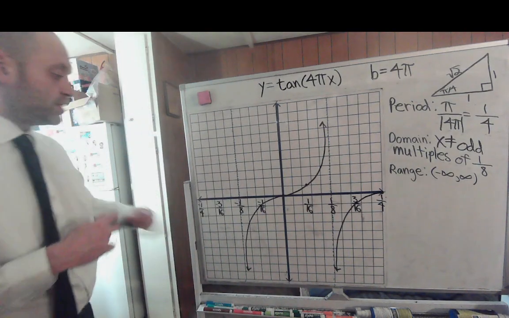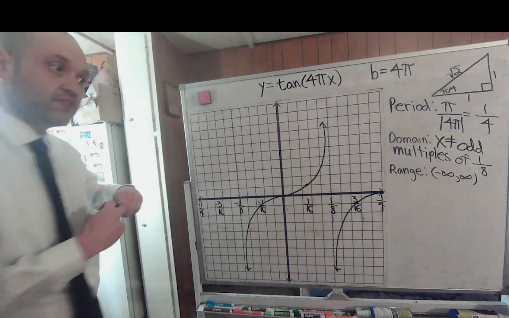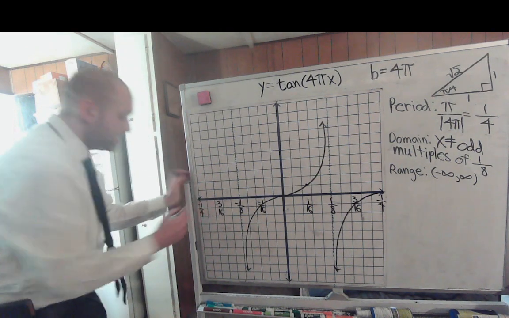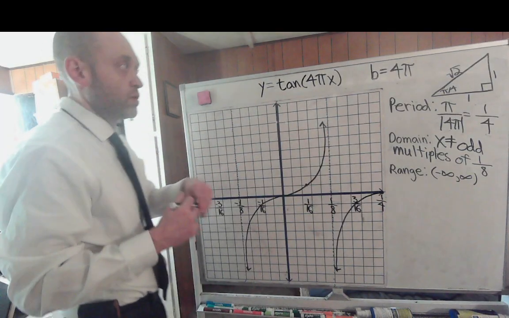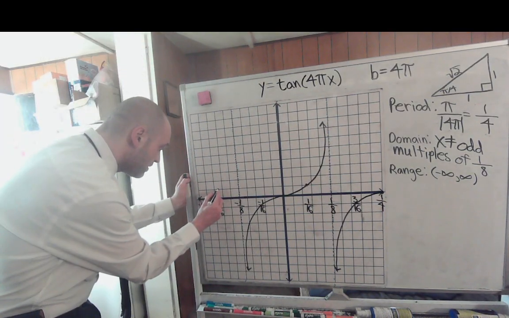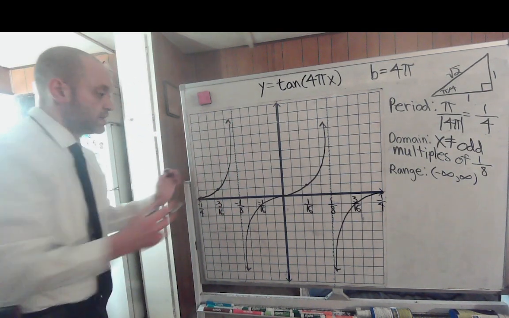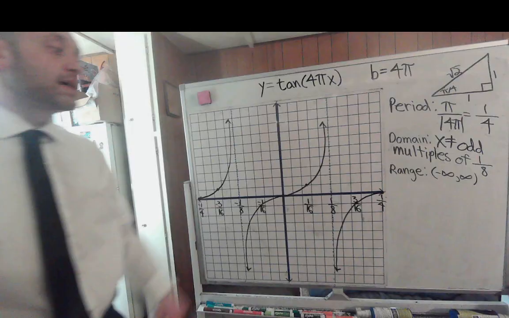And then if I put in negative 1/4, that would give me the tangent of negative pi, also 0. If I put in negative 3/16, that would give me the tangent of negative 3 pi over 4, which is 1. So then my graph will come up like this. So there is my graph of y equals the tangent of 4 pi x.